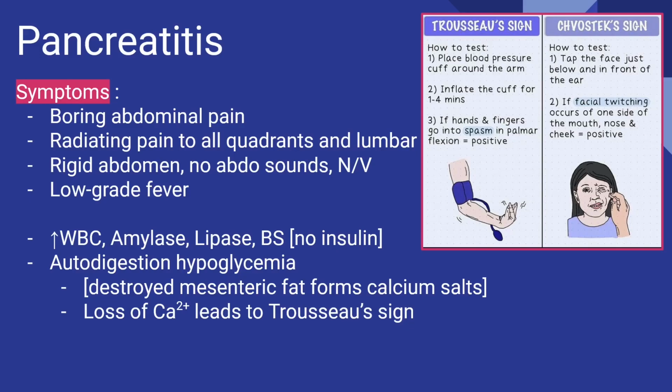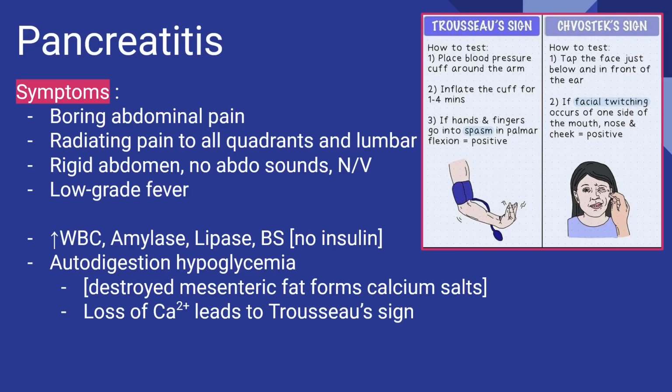And as we start to autodigest a lot of this mesenteric fat, it starts to form these calcium salts. So it starts to utilize calcium, and as this fat is broken down, it starts to bind with this fat. And so we end up seeing hypocalcemia as a result.